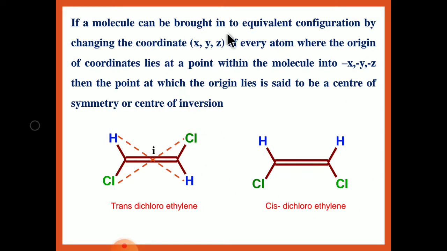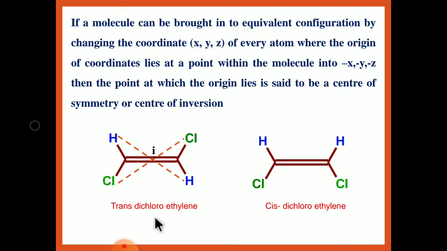If a molecule can be brought into an equivalent configuration by changing the coordinates x, y and z of every atom into -x, -y and -z, where the origin of coordinates lies at a point within the molecule, then the point at which the origin lies is said to be the center of symmetry or center of inversion.